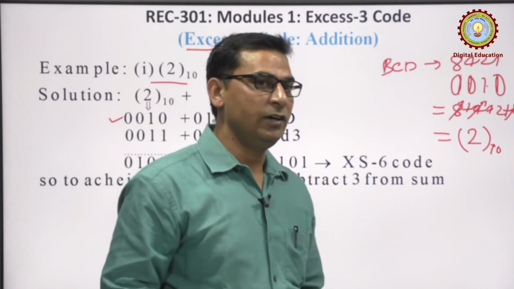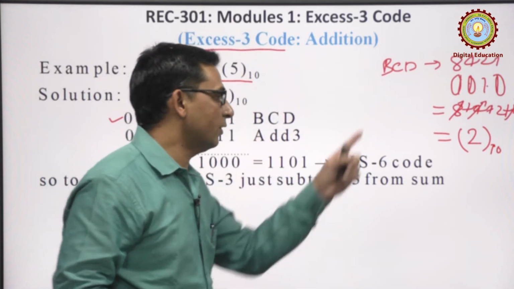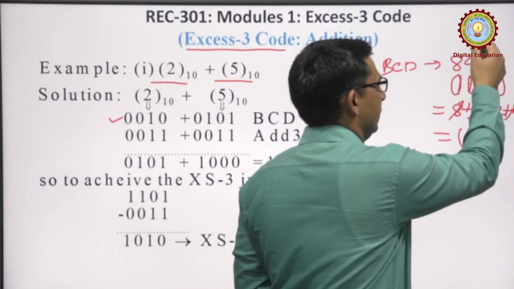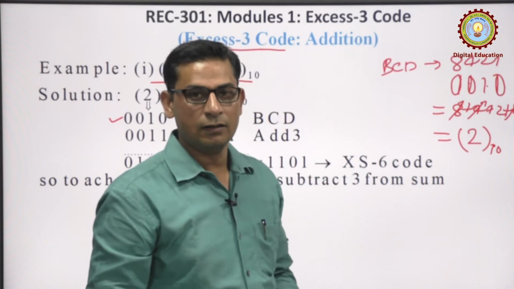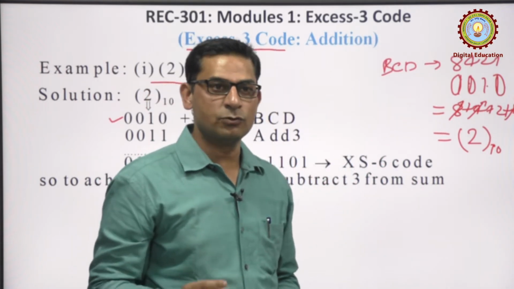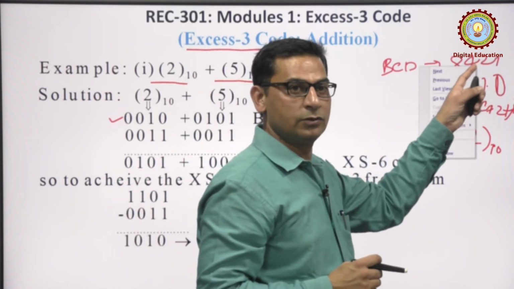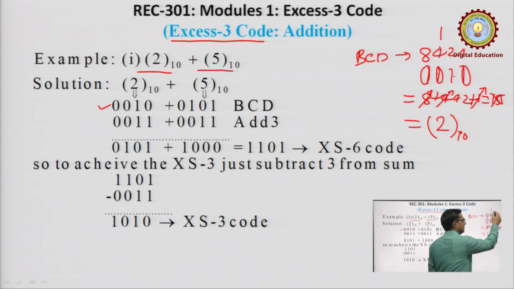Now, we want to write the BCD equivalent of 5. To represent 5, it could be 4 plus 1 or 2 plus 2 plus 1, but here we have only one 2, so we have to use 4 plus 1.